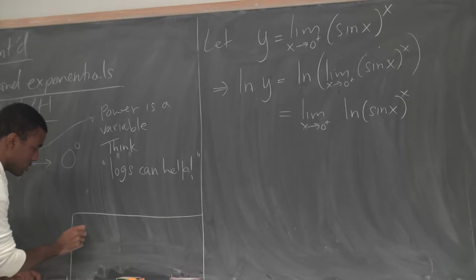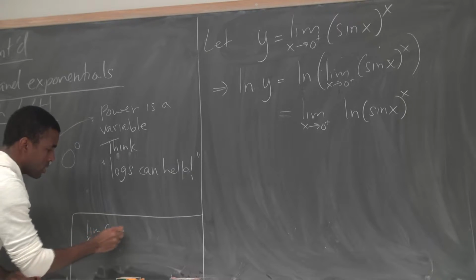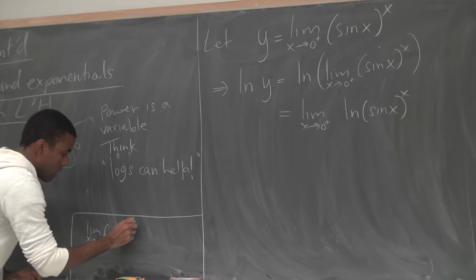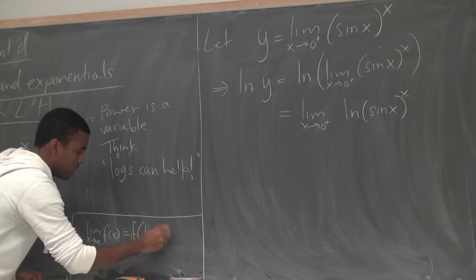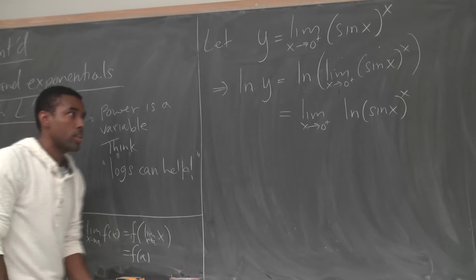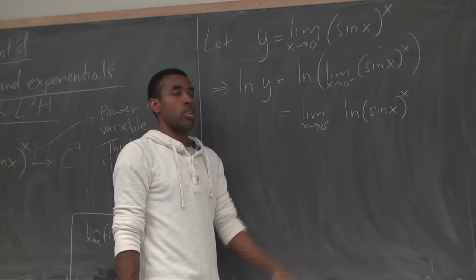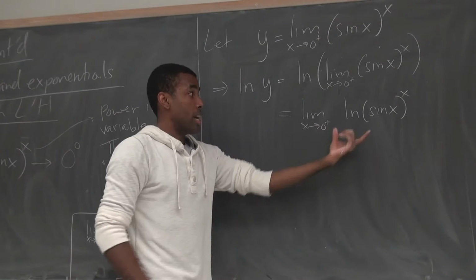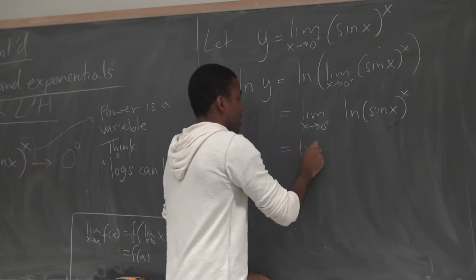Continuity means the limit as x approaches a of f of x equals f of a. ln is a continuous function, which means I can move the limit to the outside, and that's why this can work.